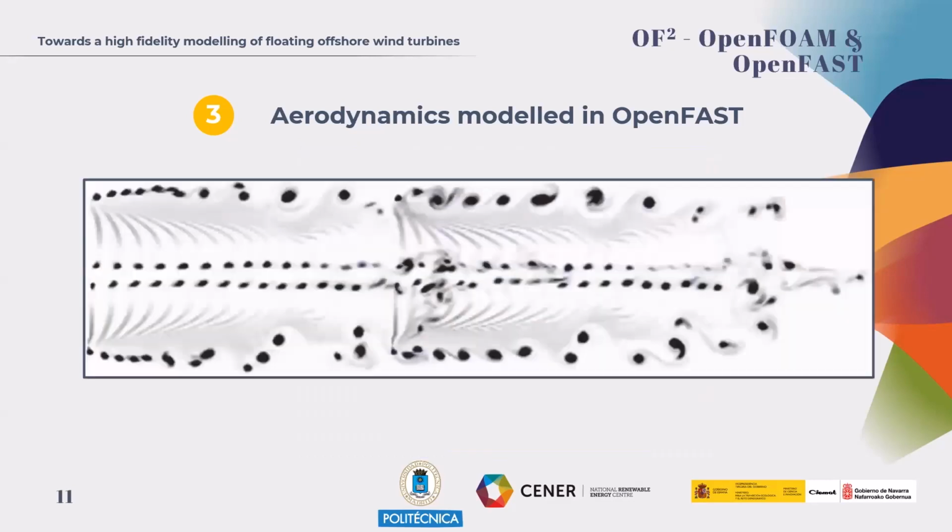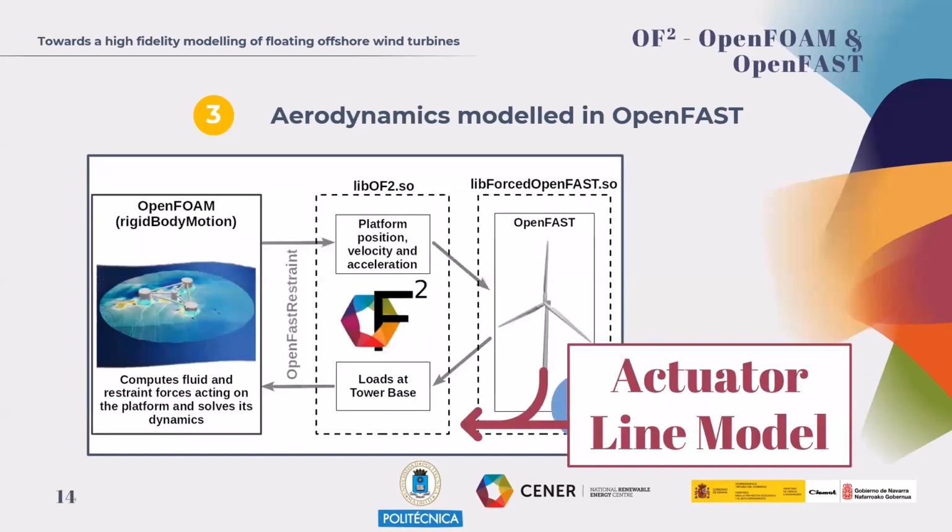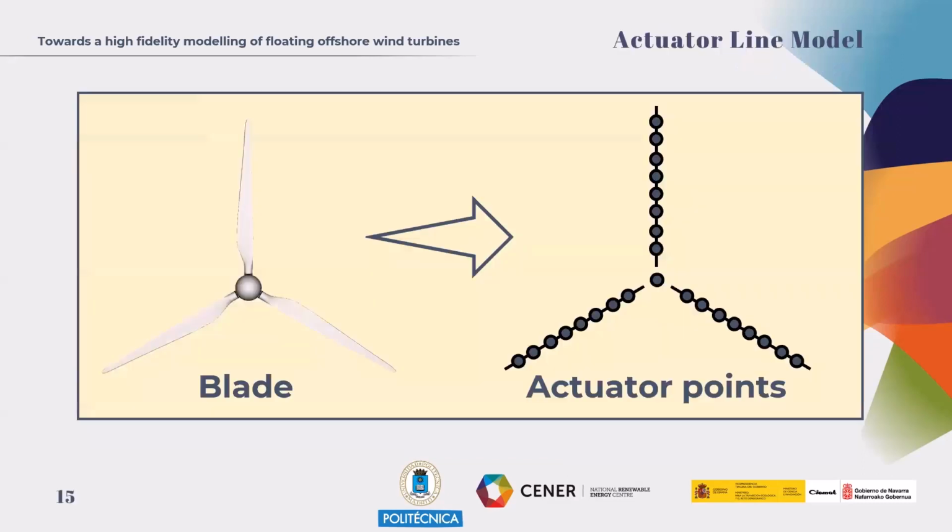If we look at the wake structure, we can see how the vortices are generated at the tip and at the root of the first rotor, and the flow is modified for the downwind rotor. We believe that OF2 can be improved if we use an actuator line approach to model the wind turbine.